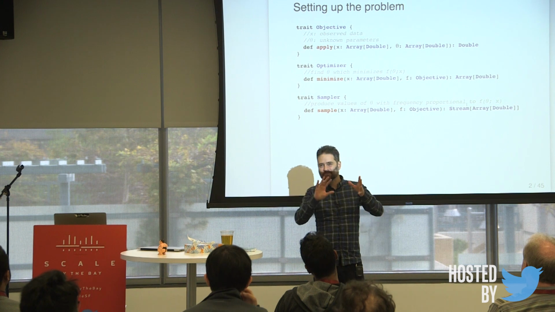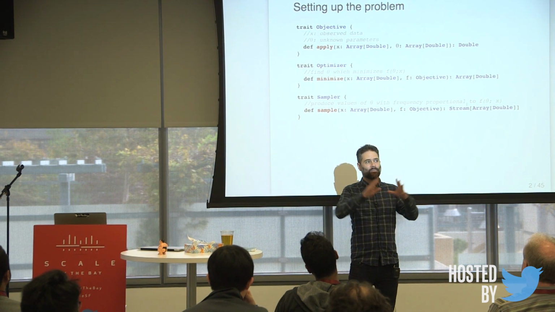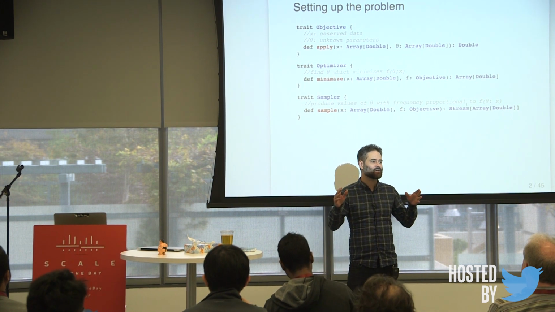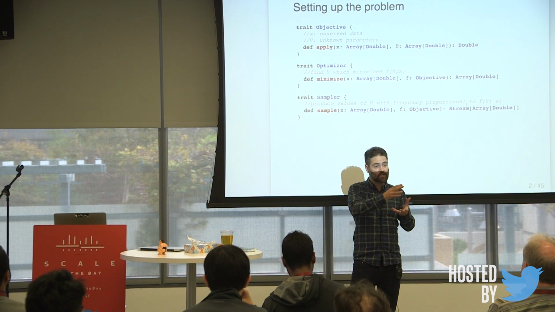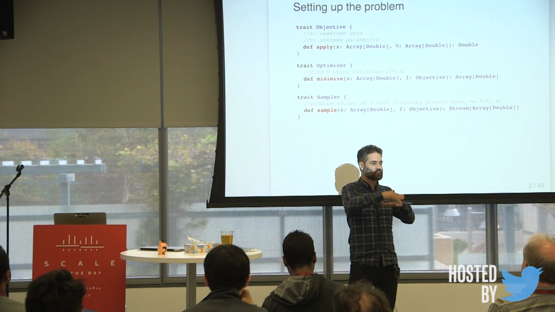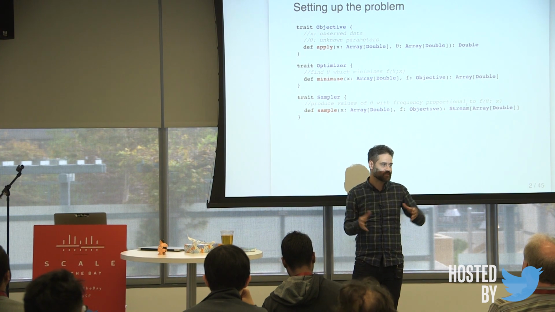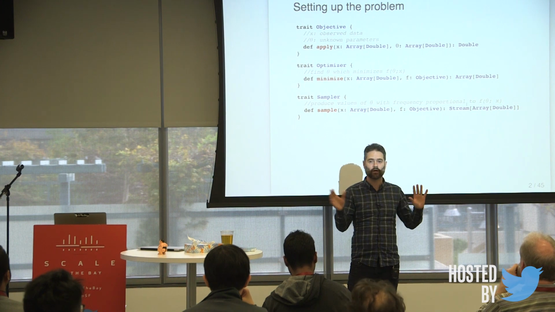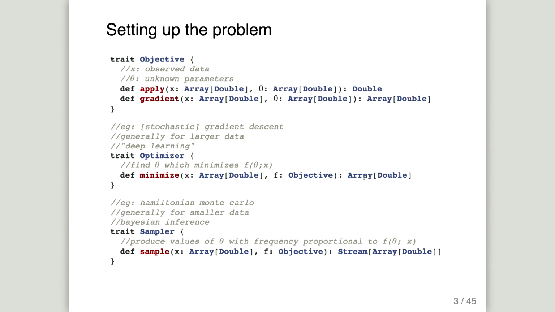This is fuzzy when we're talking about continuous values, but basically, if you take any bucketing of this stream of parameter vectors and look at how many parameter vectors end up in a particular bucket, that should be proportional to the objective function summed up in that bucket. Or you can think of it as integrating under the curve. That's the job of a sampler. It's very similar to an optimizer, but admits more uncertainty.